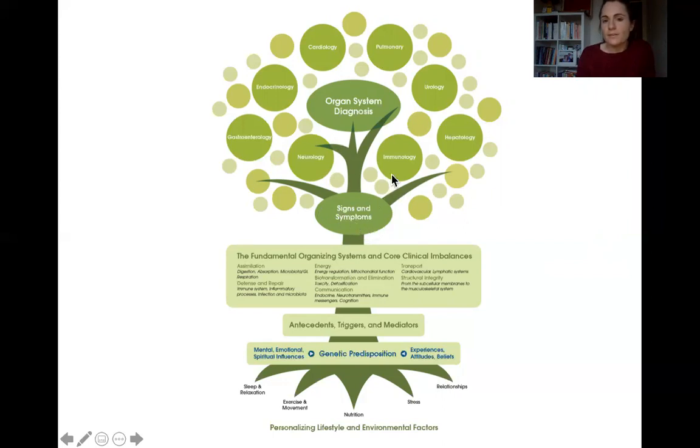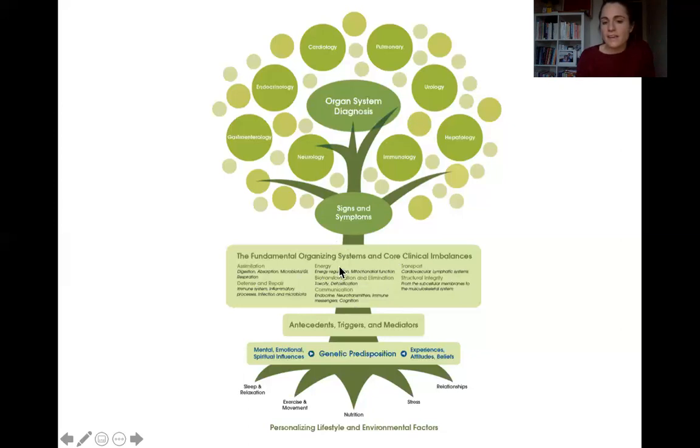Someone might develop a disease in the immune system or in the endocrine system, but there are usually clinical imbalances that precede or contribute to the development of these diseases. These are the clinical imbalances I mentioned just there: assimilation, defense and repair, energy, transport, structural integrity, communication, and biotransformation and elimination.